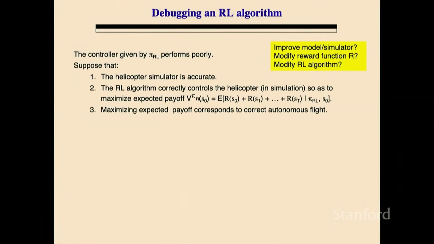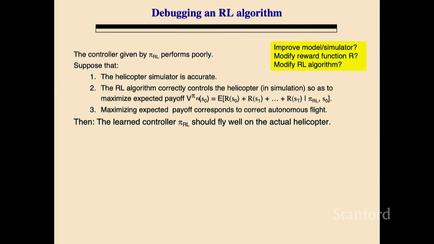So this is the analysis of those three things. I'll give you a second to read this. But if these three statements are true, then the learned controller should have flown well on the helicopter, right?